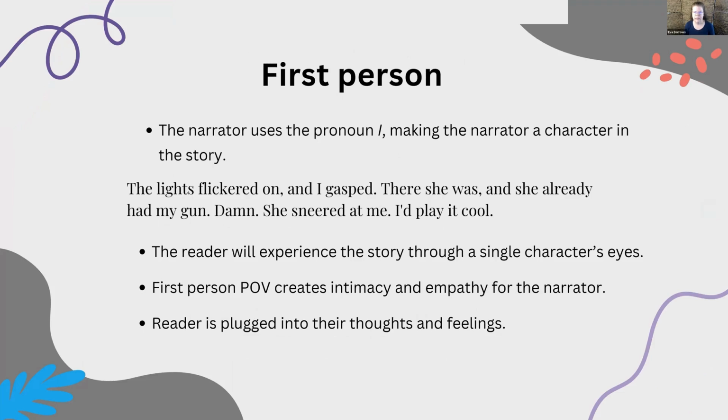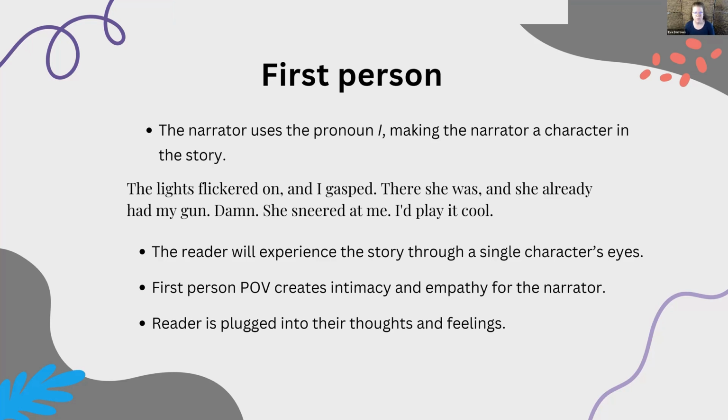First person, this is something that's more commonly used. The narrator uses the pronoun I, and that makes the narrator a character in the story. As an example: the lights flickered on and I gasped. There she was, and she already had my gun. Damn, she sneered at me.